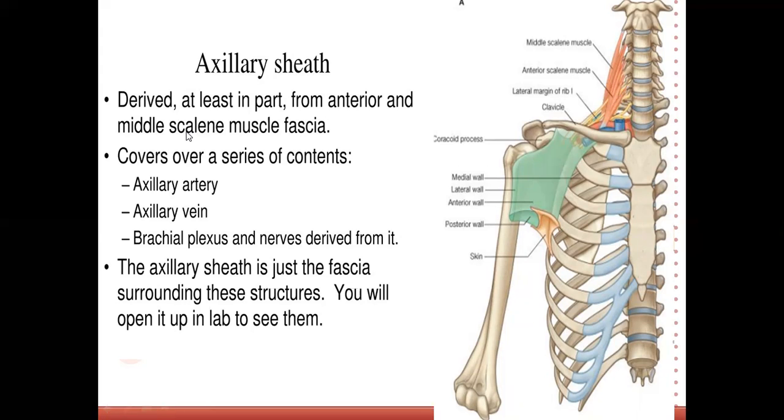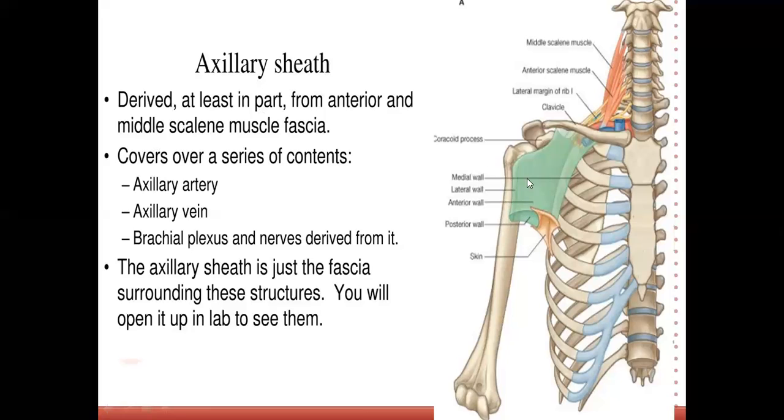The axillary sheath is derived from the fascia of the anterior and middle scalene muscles. That means prevertebral: right in front of the vertebrae we have the scalene muscles, and the fascia covering the scalene is the prevertebral fascia. It comes from the neck region to enter into the axilla, covering the axillary artery, axillary vein, and also the brachial plexus and nerves derived from it.